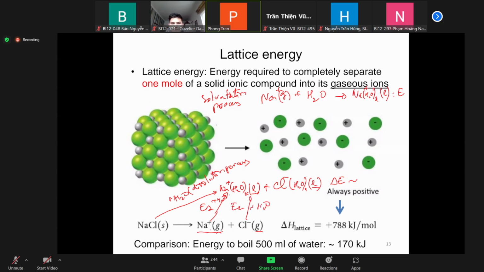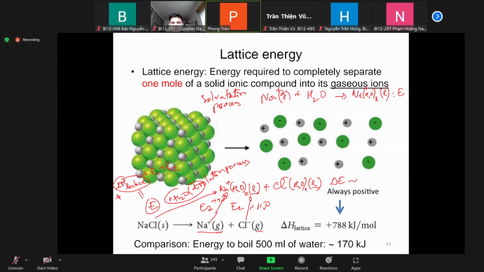So you can imagine that the total energy you have here, E, equals the lattice energy plus E1 plus E2. The lattice process has a positive value because it is endothermic, and E1, E2 have negative values because they are exothermic.